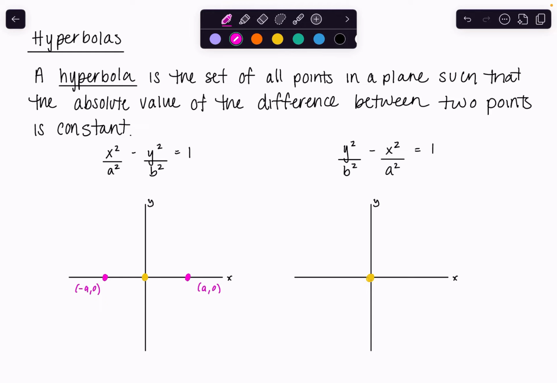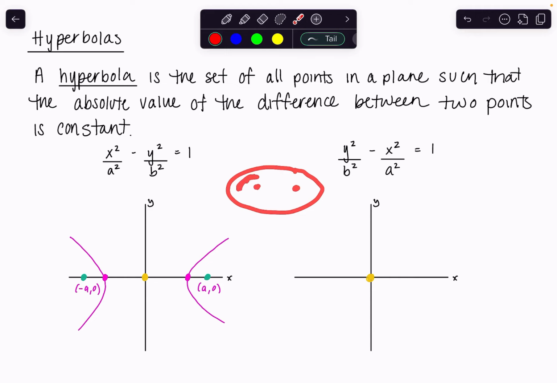And then your hyperbola is basically going to be comprised of almost two parabolas. So the idea is these two fixed points are actually going to occur inside. So your conic is always going to wrap around your foci. In the case of an ellipse, your two foci were on the inside, and again, you're wrapping around it.